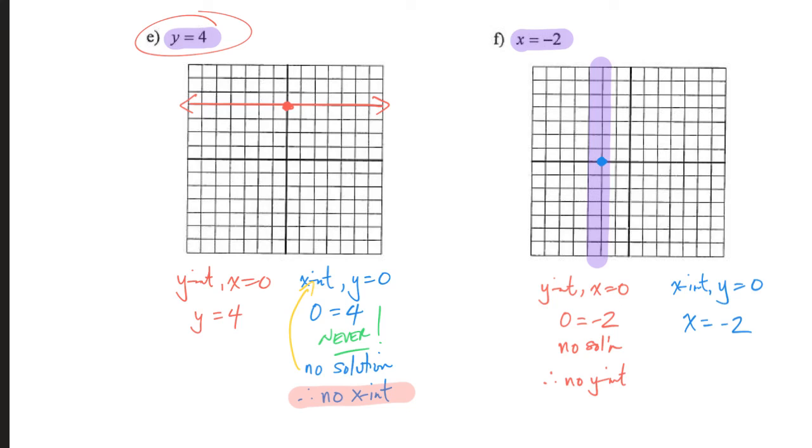I need a line that goes through x equals -2 that never crosses the y-intercept. And so if I just get rid of that shaded in portion and we jump back to our line, then the only way I can do that would be to draw a vertical line through -2 as an x value, arrows on the end, and we get a little confirmation.